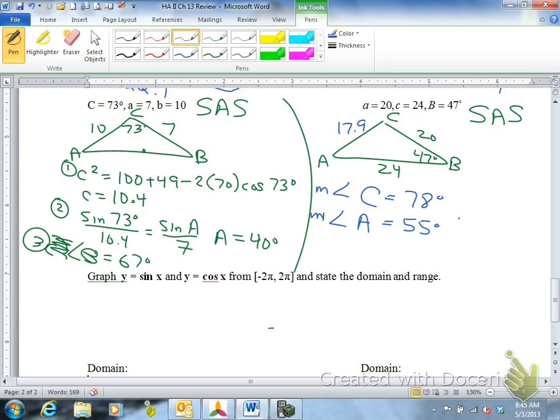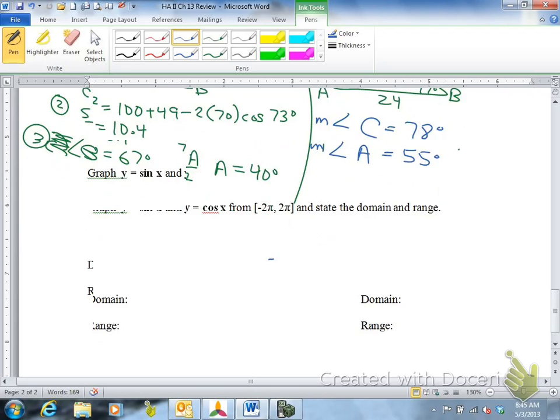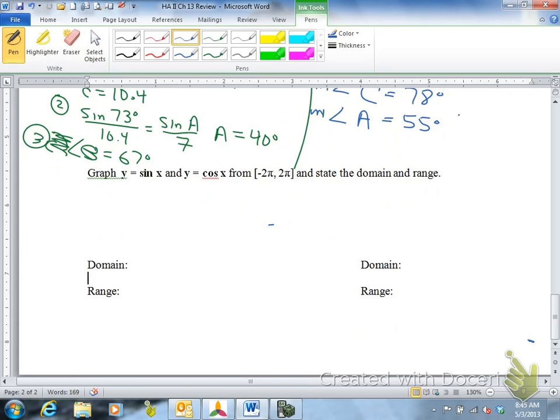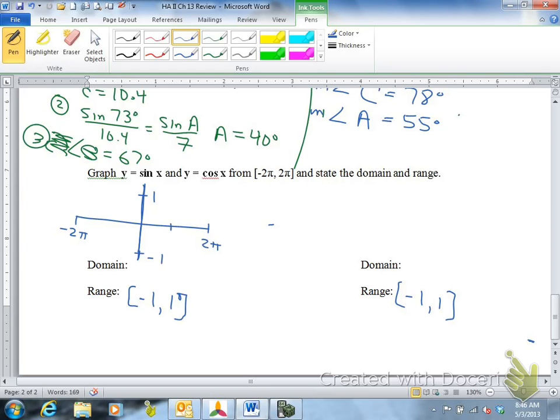The last two questions, graphing. So graph sine x, and you're going to label it. We'll do 2 pi out here, and out here is negative 2 pi. How high and how low does it go? 1 and negative 1. So that's going to be your range, negative 1 to 1. Then pi, negative pi, negative pi over 2, positive pi over 2, 3 pi over 2, negative 3 pi over 2.